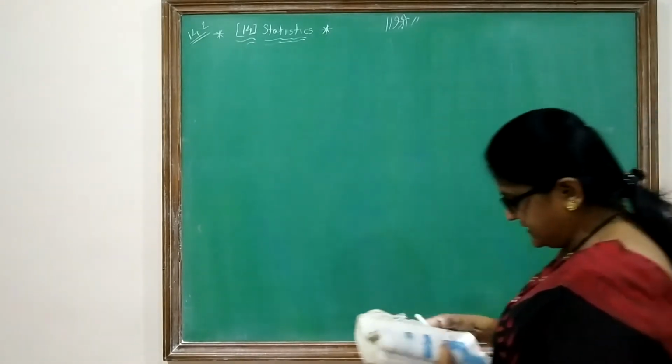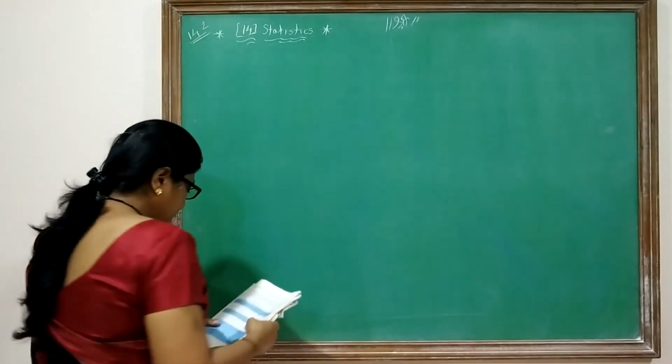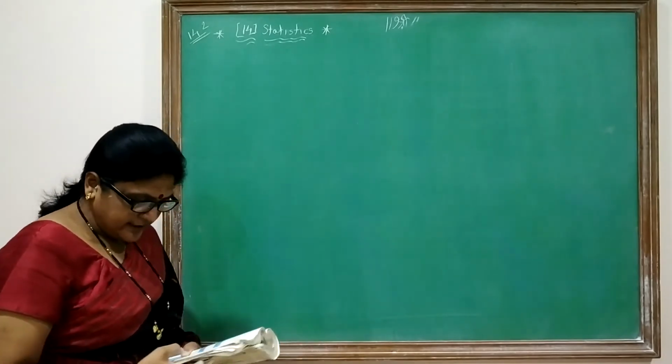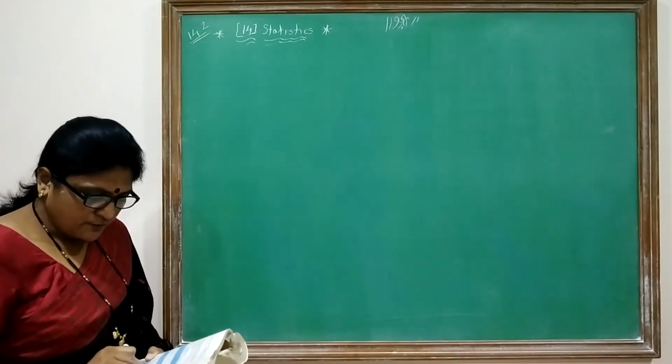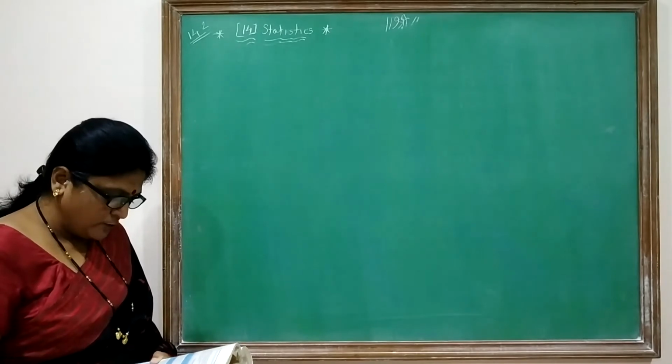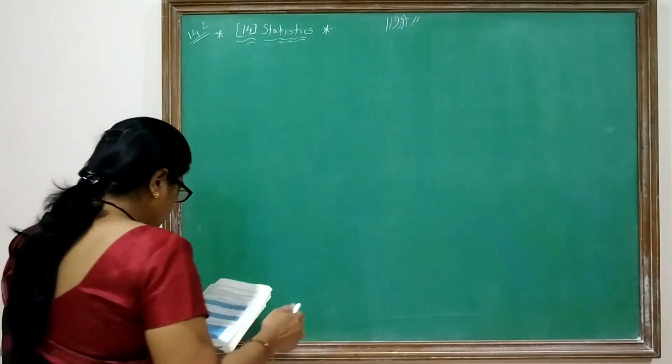Then your second example. The following data gives information on the observed lifetime of 225 electrical components, and here the table is given.